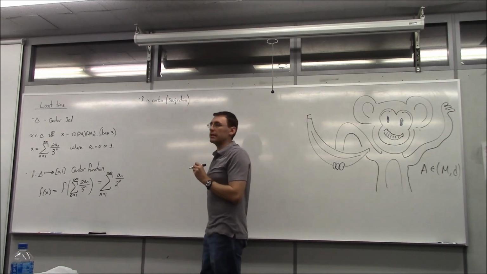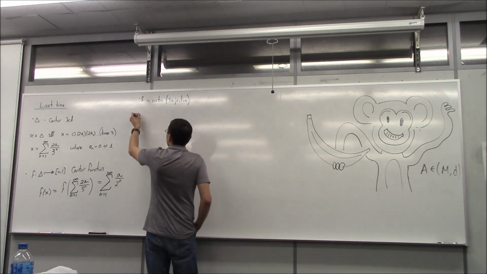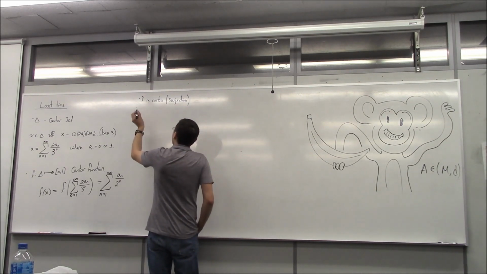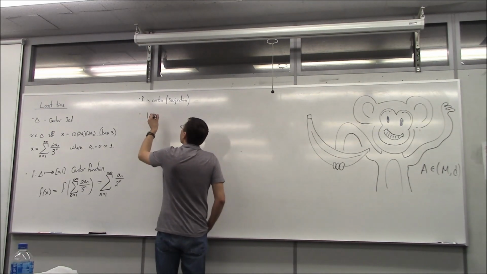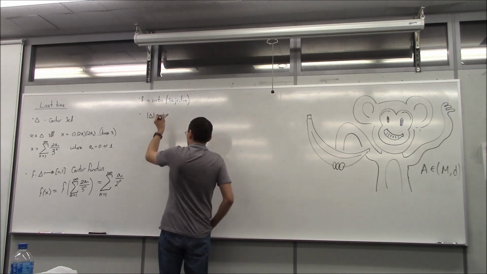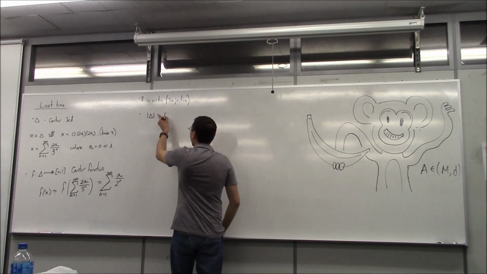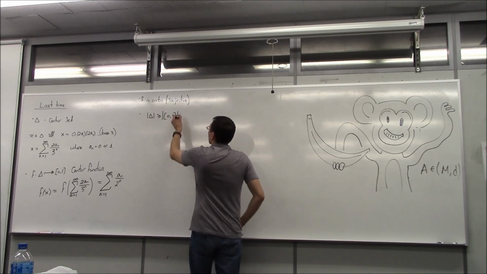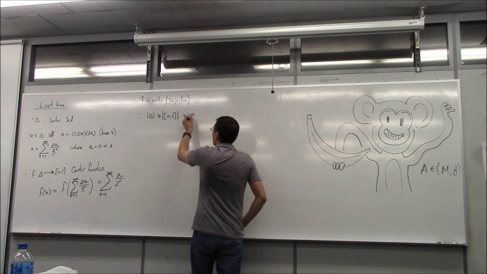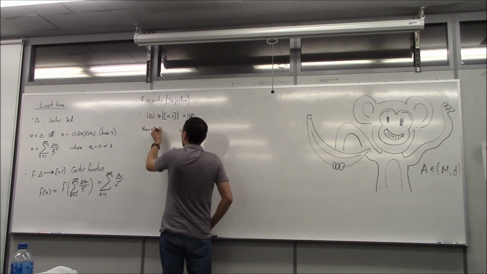So f is surjective, and the implication is that the cardinality of the Cantor set is bigger than or equal to the cardinality of the interval [0,1], and that cardinality is equal to R, hence equality must hold.